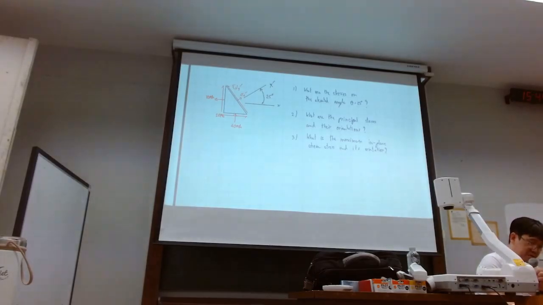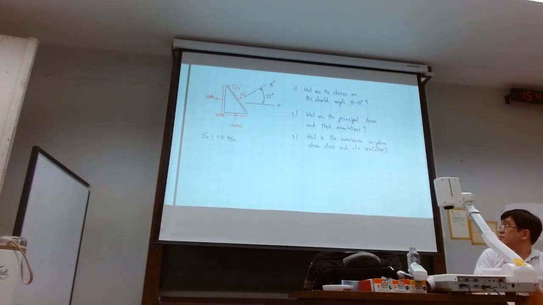So from this process, sigma x is what? Positive 10 MPa. That's what you have to be able to retrieve from the picture. Sigma y is minus 40 MPa.